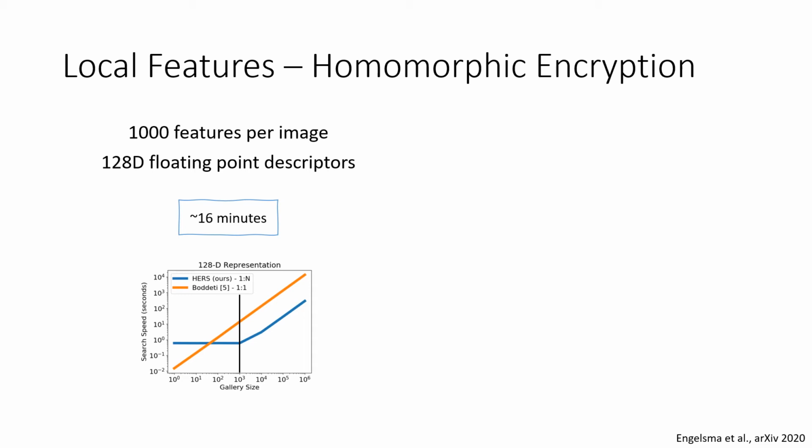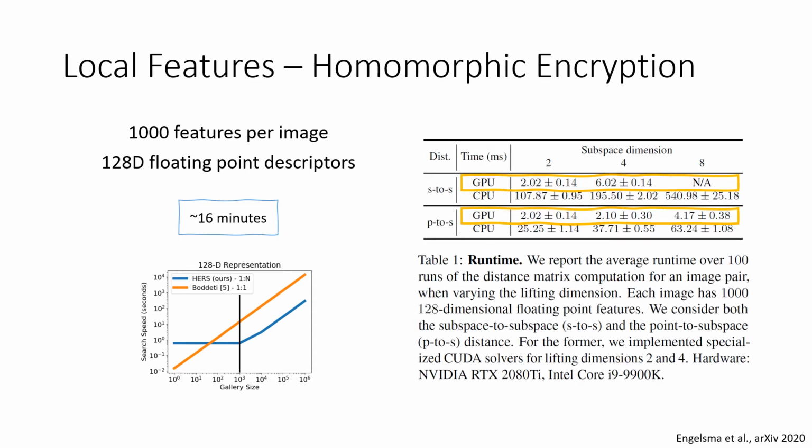Obtaining the full distance matrix between two images would take around 16 minutes using the fastest most recent work on homomorphic representation search. This severely limits the practical applicability. In contrast, our method only induces minimal computational overhead, taking less than 10 milliseconds to match two images on GPU. This makes it amenable to real-time applications.